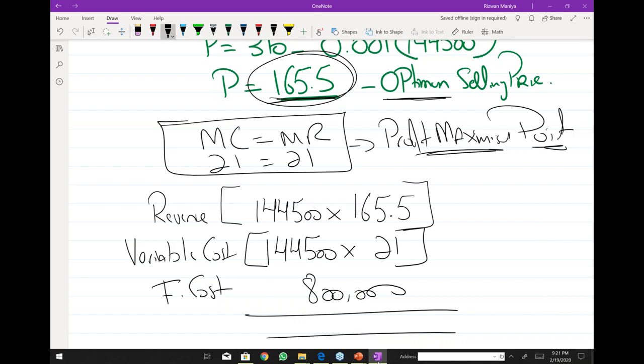That is not an issue. You need to deduct from this revenue the fixed cost and the variable cost, and you will get the profit. So I hope this is clear to all of you now. Any questions you have?